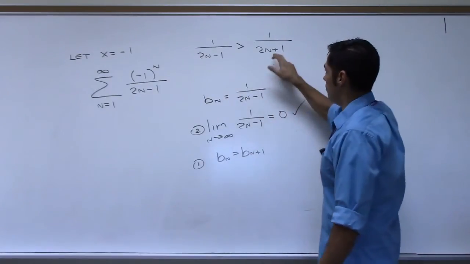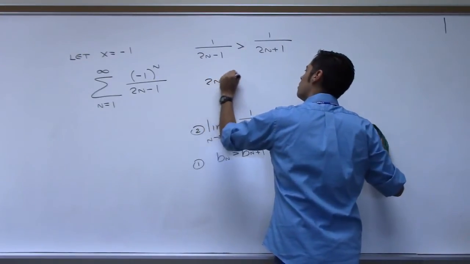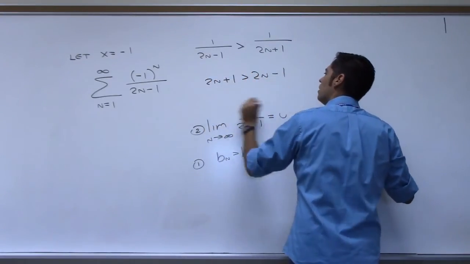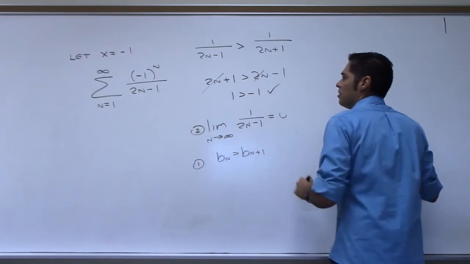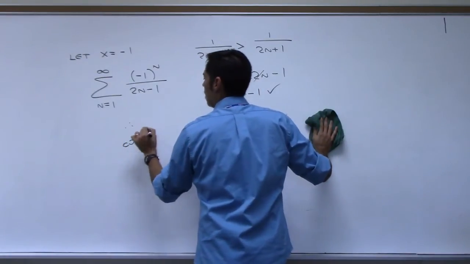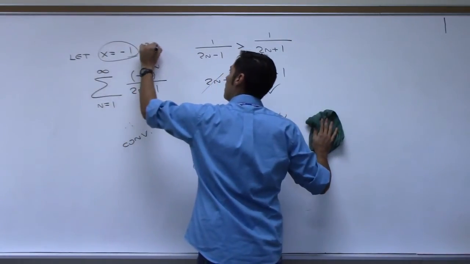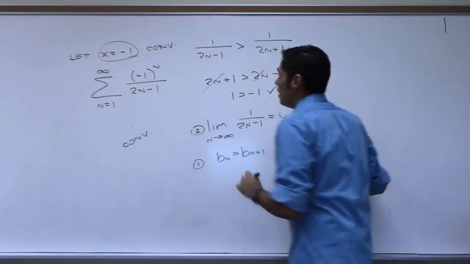We did it earlier, so that. And then go ahead and clean this up. 2n plus 1 greater than 2n minus 1. Subtract 2n from both sides. 1 greater than negative 1. Check. So what does that mean? Therefore, it converges. So if I let x be negative 1, this converges, which is what we want.